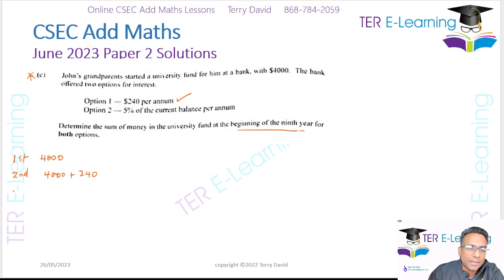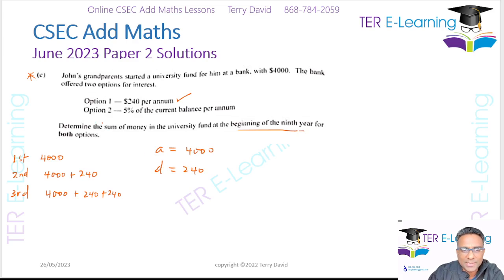In the third year, it's going to be 4,000 plus 240 plus 240. So this here in itself is an arithmetic progression. So your first term is equal to 4,000, and your common difference here is going to be $240.